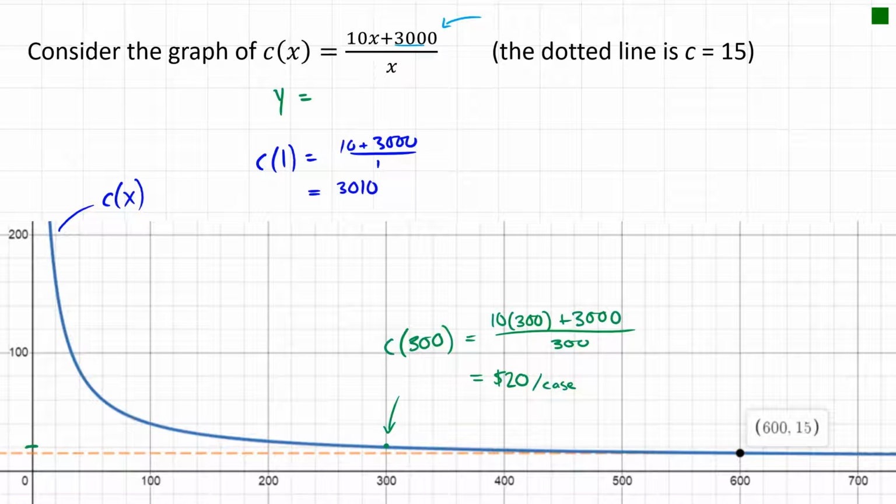Now, this graph, you can see that the change is really dramatic here for the first few hundred iPhones, but that it becomes much less dramatic as we go from 300 iPhones towards 500. And then eventually, as we get to 600, we hit that value we were interested in this problem, which is that when you make 600 cases, you get to exactly $15 per case. And it continues to drop from there, although slower and slower and slower. And it will never get to 0, in fact.